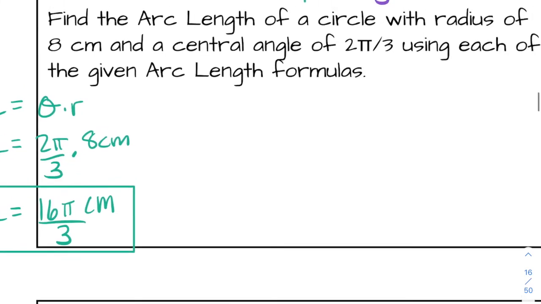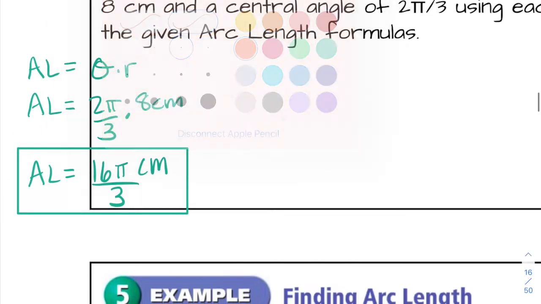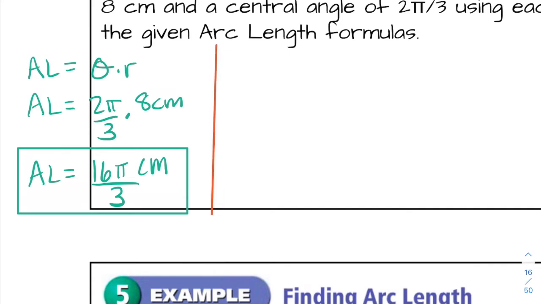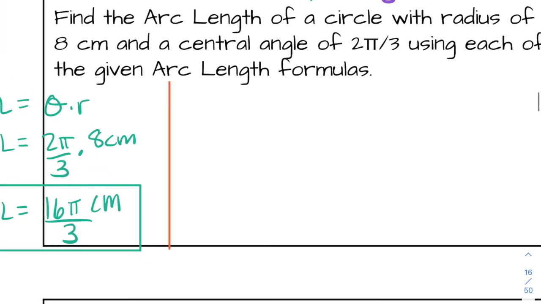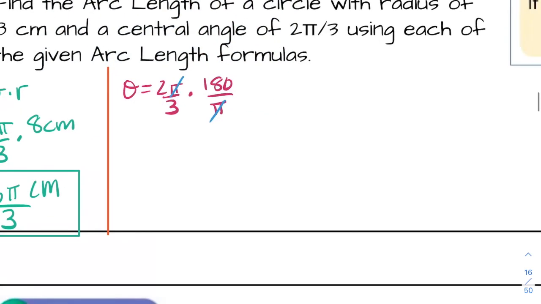Okay. Now the other one is going to be a little bit more complicated. We are going to have to first convert 2 pi over 3. So theta equals 2 pi over 3, and we have to multiply by 180 over pi. We knock these out, and we get 360 divided by 3, which is 120 degrees.